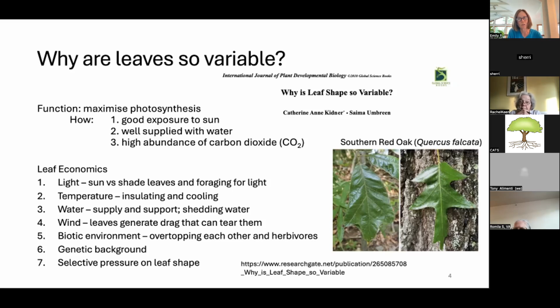And I think that's kind of interesting. Sorry, I got it backwards. The lobes are in southern locations and the heart-shaped are in higher elevations or latitudes. Those lobes help keep the leaf 2.2 degrees cooler than if they were heart-shaped.